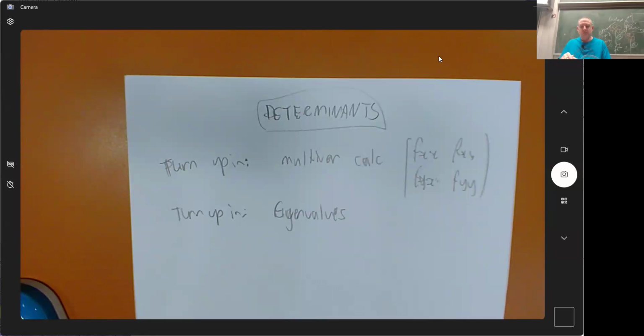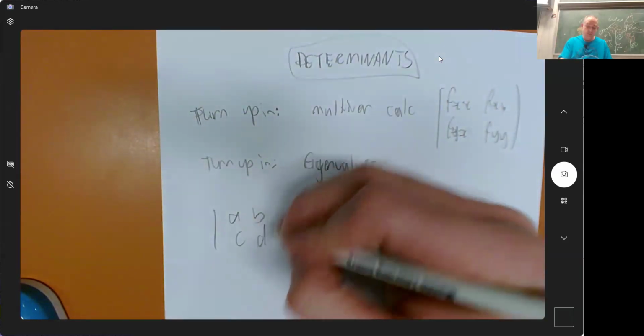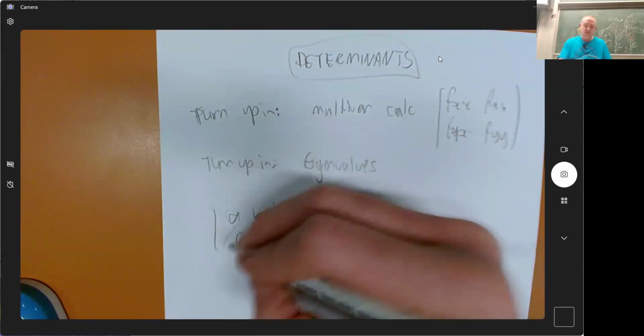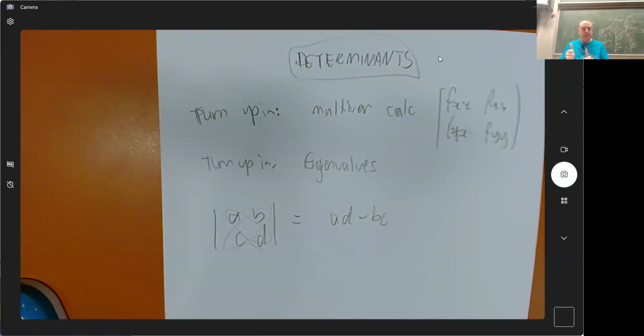And the determinant of a 2 by 2 matrix is those two minus those two. Yep. And the determinant of a bigger matrix is made by turning them into smaller matrices.